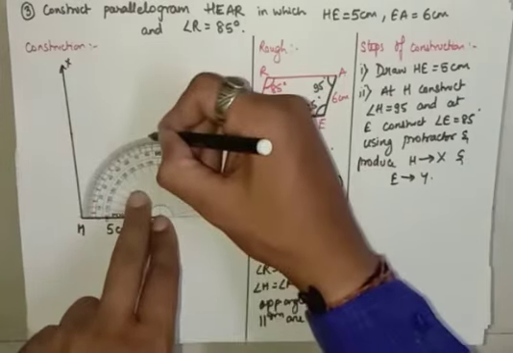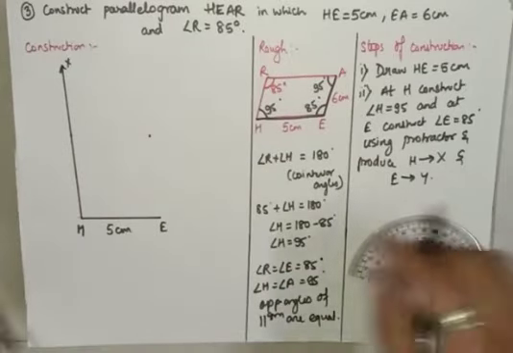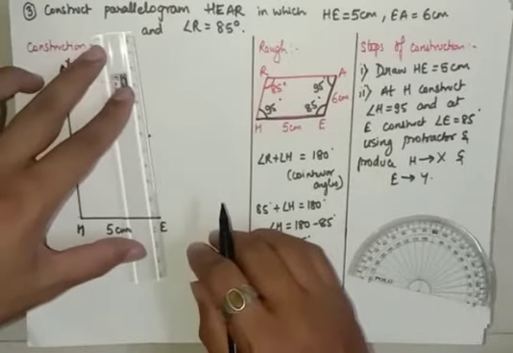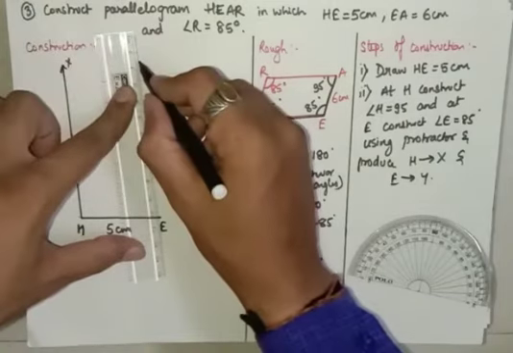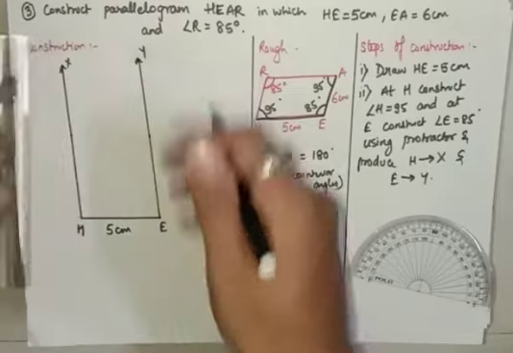So I am drawing here 85 degree, and I am producing this line to Y. This is not of any fixed measurement, I have just produced it.